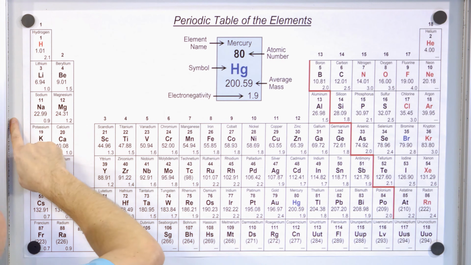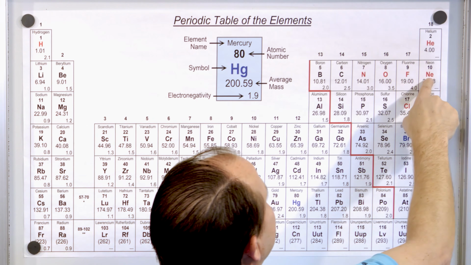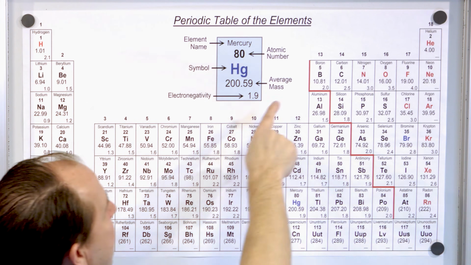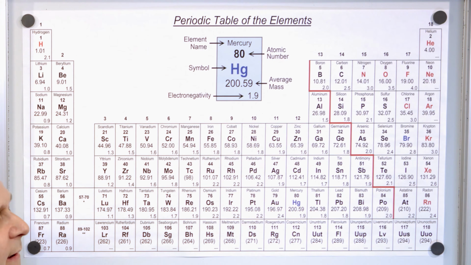If it loses an electron, it looks like neon, which has only 10 electrons. Here we have 11 electrons, so it loses one, and it looks like neon. And you're taught that elements like to lose or gain electrons to look like the noble gases. We're going to talk about why that happens here, but that's what's happening in the big picture. It wants to lose that electron.